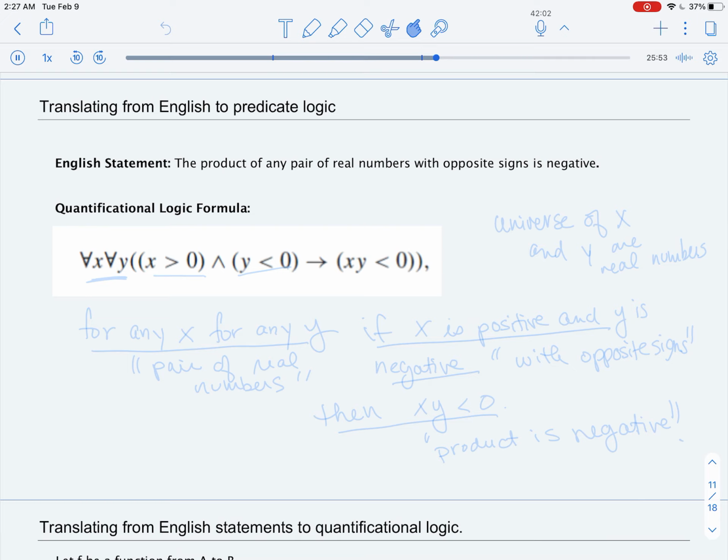So any pair of real numbers. So for any x, and so implicit in this formula, we should say that the universe of the variables are the reals.